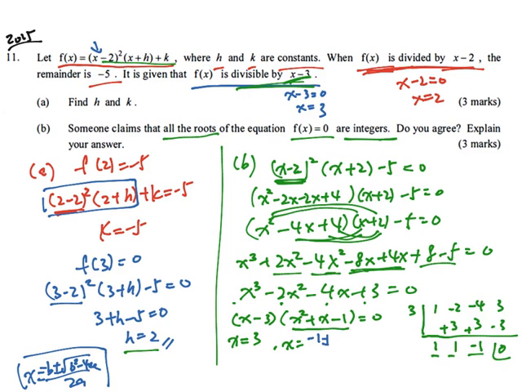So -1 plus or minus the root of 1 squared minus 4 times 1 times negative 1, over 2. So it is negative 1 plus or minus root 5 over 2. So you can see the claim is wrong.